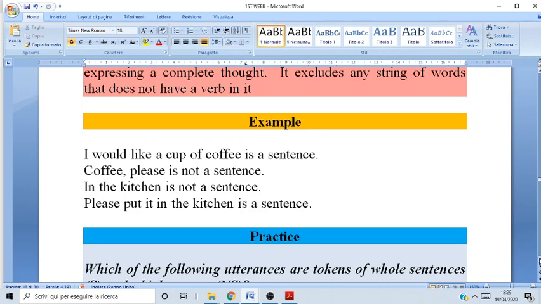So, I would like a cup of coffee is a sentence. But coffee please is not considered a sentence for semantics. As well as in the kitchen is not a sentence. But please put it in the kitchen is.